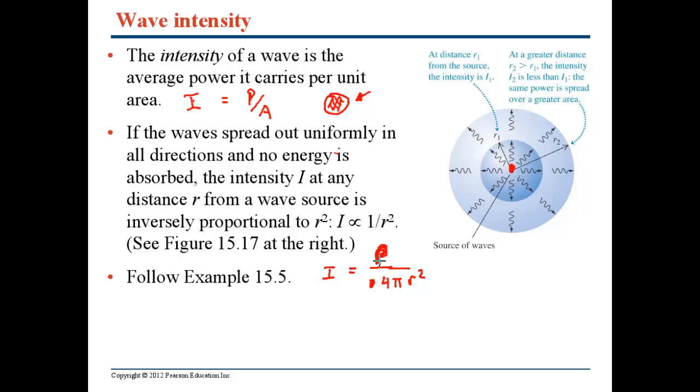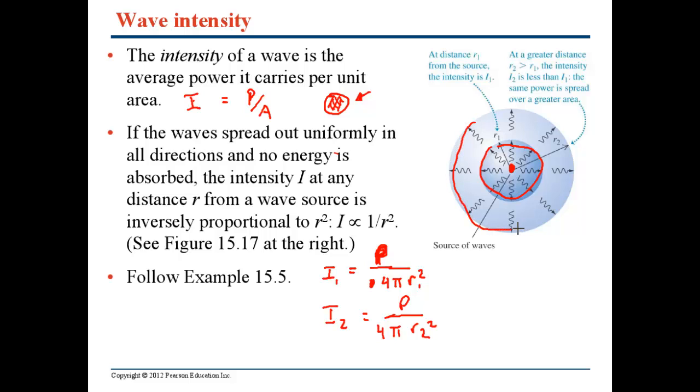So suppose I look at this first radius r1 here. My intensity here is going to be the power divided by 4 pi r1 squared. If I looked at some new radius, that is going to be the power divided by the cross-sectional area of that sphere, 4 pi r2 squared.